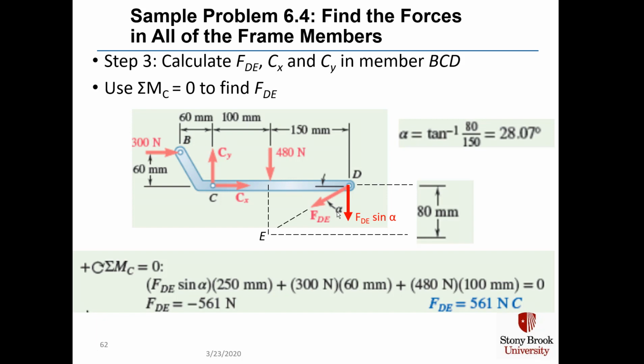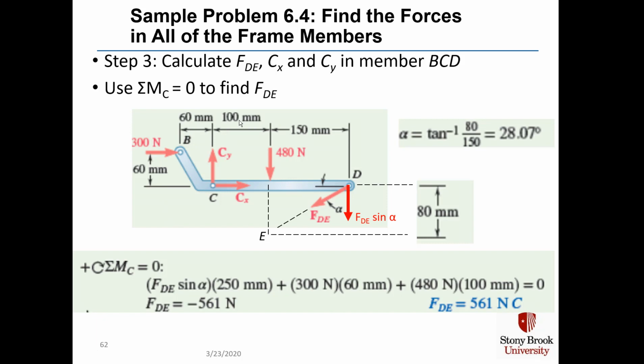Then the downward force component of F sub DE is the F sub DE magnitude times sine of the angle, and it has a lever arm of 250 millimeters away from point C, and that force, F sub DE sine alpha, wants to rotate counterclockwise around point C. And our second term in our moment equation comes from the 300 Newton force acting to the right, which has a lever arm of 60 millimeters, and it wants to rotate in a clockwise direction around point C. And our 480 Newton force wants to rotate counterclockwise around point C at a perpendicular distance of 100 millimeters.